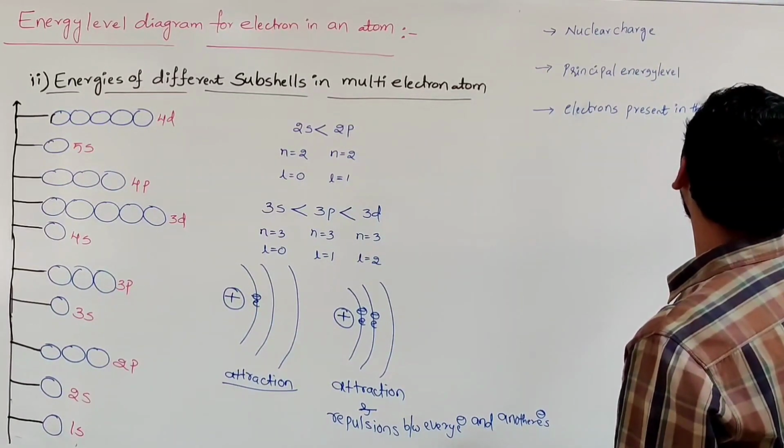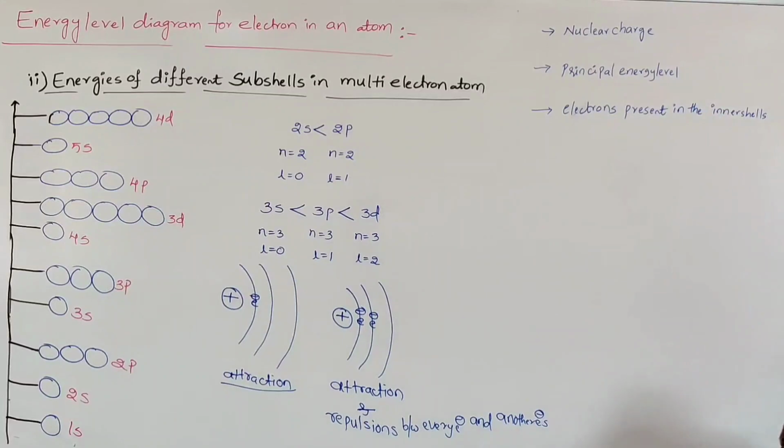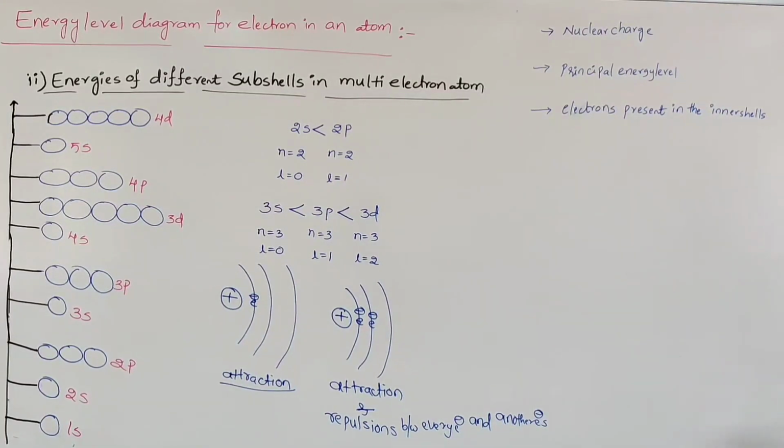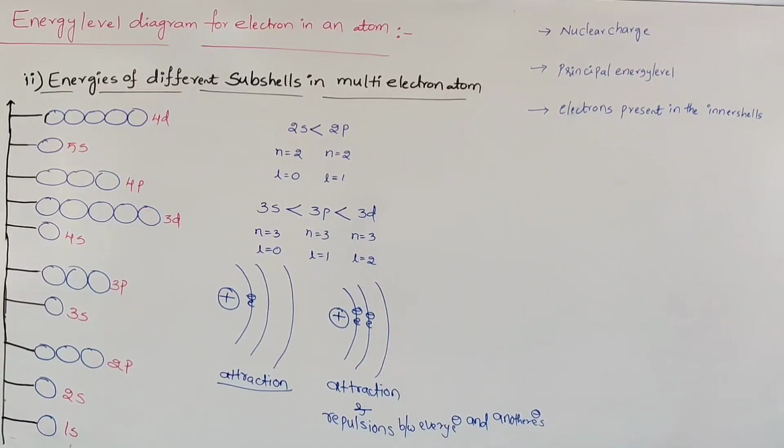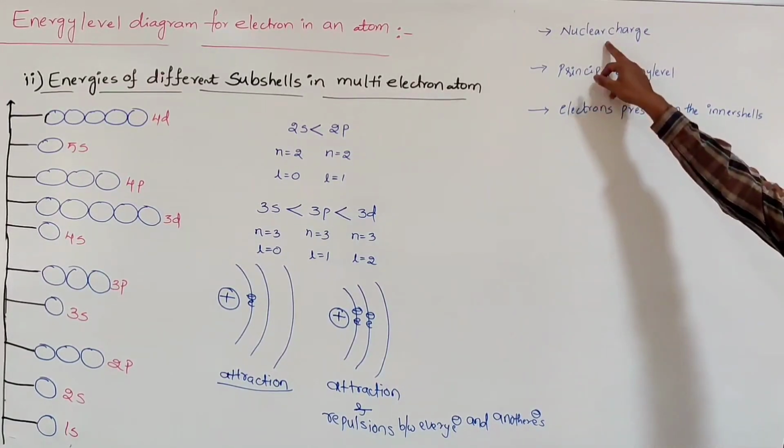These are the three reasons commonly told to be the cause of the different energetic pattern observed in the subshells in multi-electron atoms.